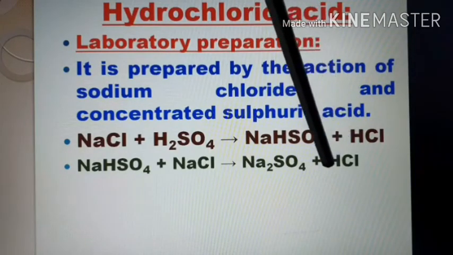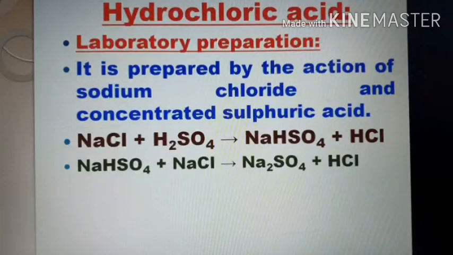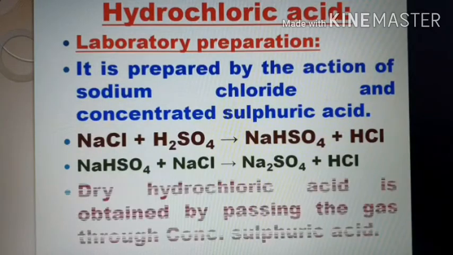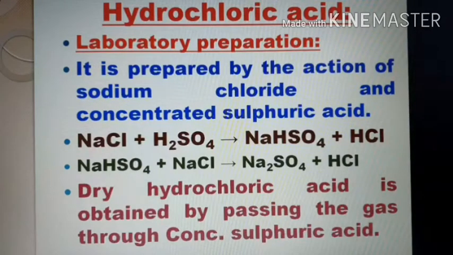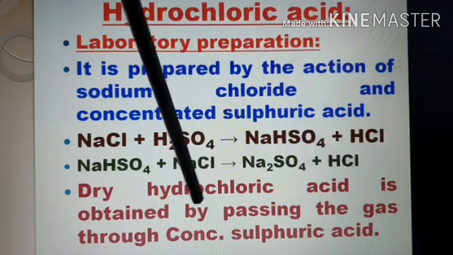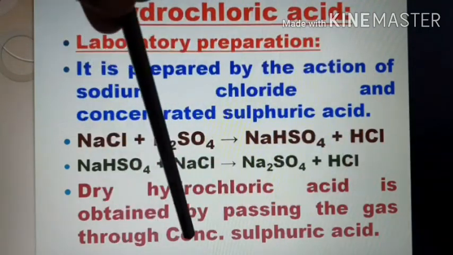More and more hydrochloric acid is obtained in this reaction, and dry hydrochloric acid is obtained by passing the gas through concentrated sulfuric acid.